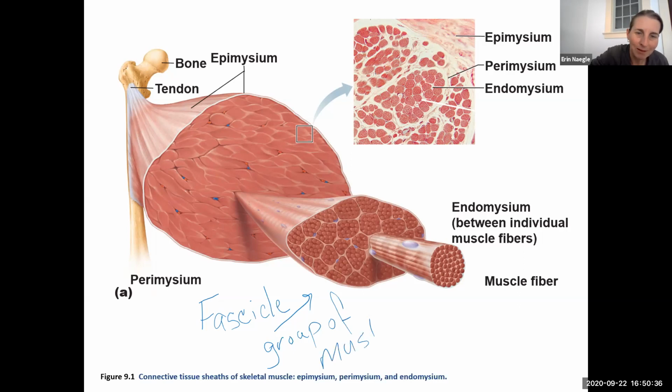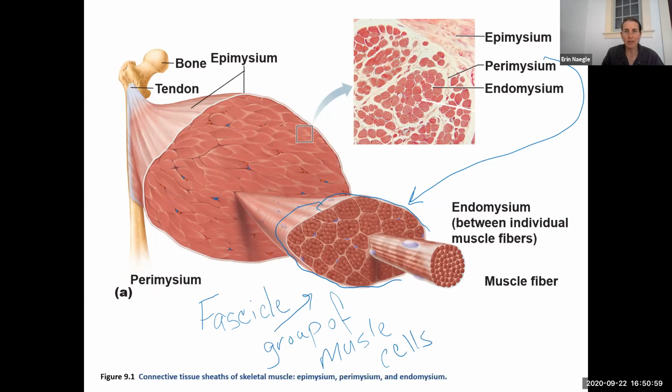Awesome. Okay, so a group of muscle cells is called a fascicle, and that is surrounded by the perimysium. So this thing around here would also be the perimysium.